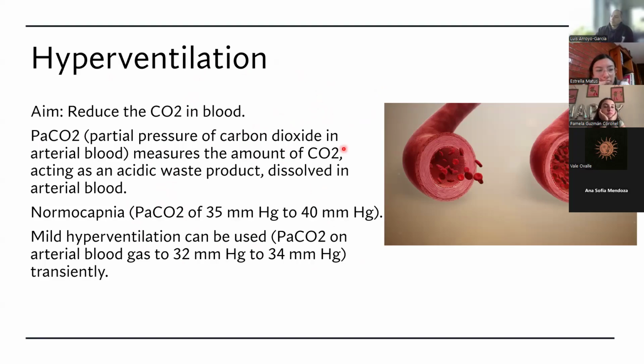So if you have this hyperventilation, then you will generate vasodilatation in the blood vessels. But we cannot maintain it for too long, because that means you will have less blood coming to the brain. So it's very, very dangerous to go into full hyperventilation for a long time.